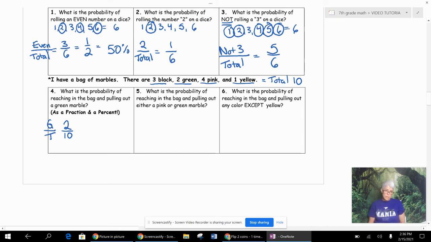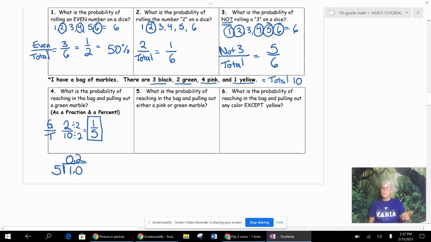Now I can turn this into, well, first I'm going to go ahead and simplify it. I can simplify the top and the bottom because they both can be divided by 2. So my fraction is 1 over 5. Now I'm going to write that as a percent. Top in the box, or if you have a calculator, you put the 1 in your calculator first. 5 goes into 1 0 times, add a decimal, add a 0. 5 goes into 10 2 times.